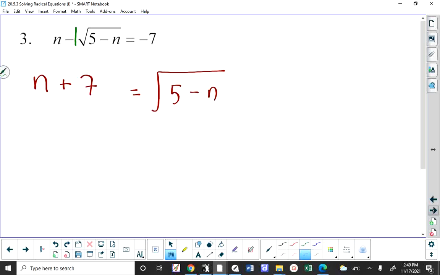So now what I need to do is square both sides. Of course, on the right-hand side, what happens is you're just left with 5 minus n, because squaring and square rooting undo each other. And I want you to write down what we get when we square n plus 7.